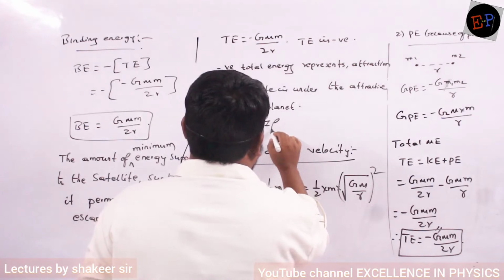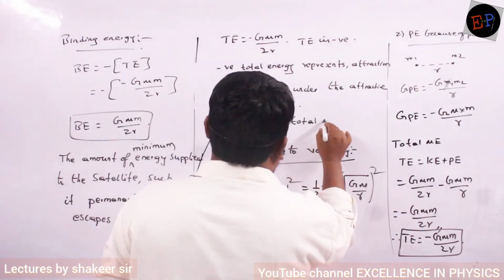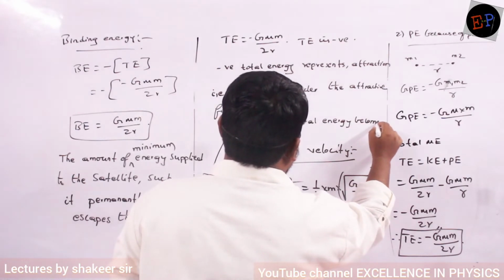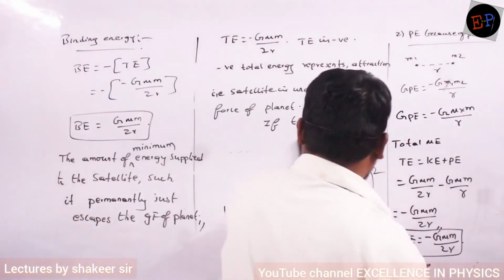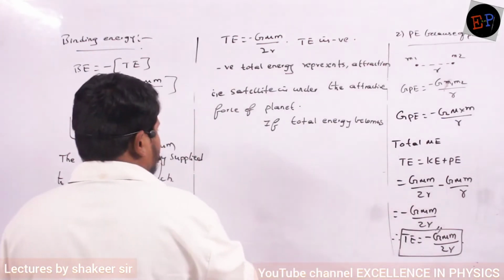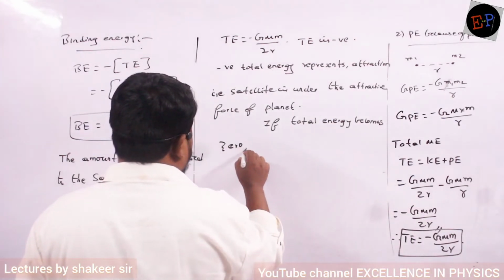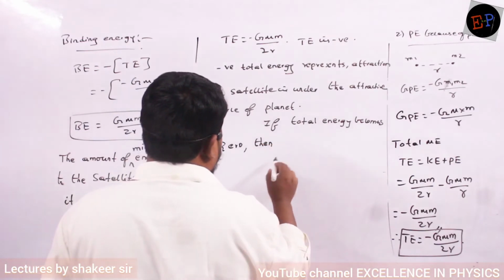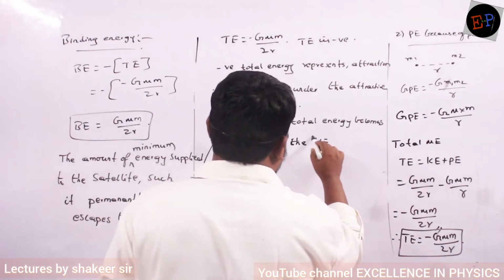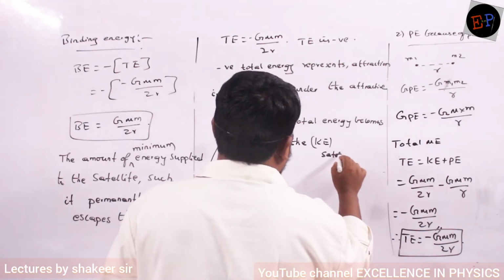If total energy becomes 0, then the kinetic energy of the satellite will be how much?